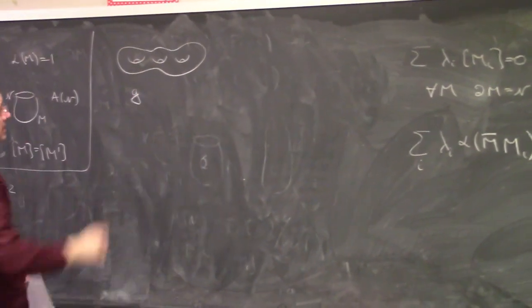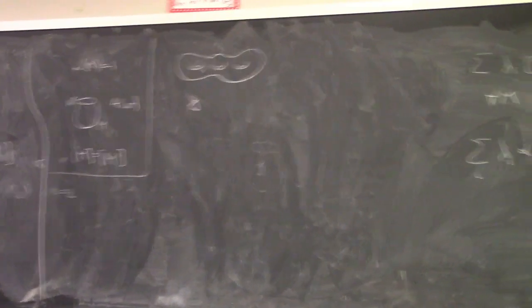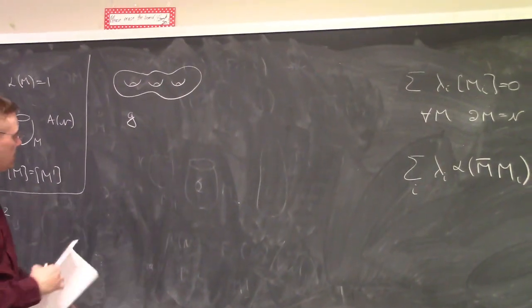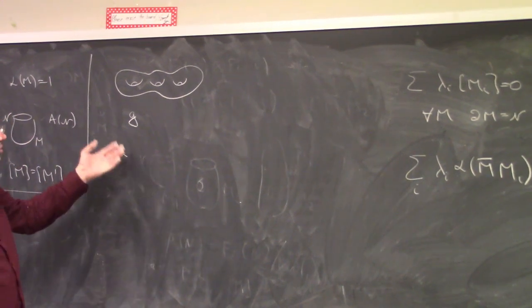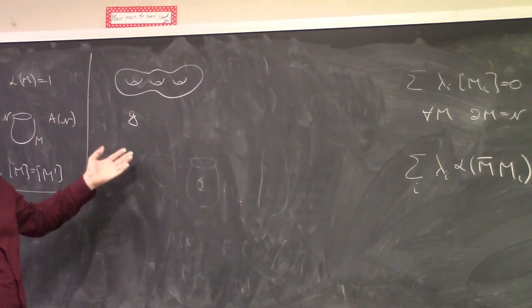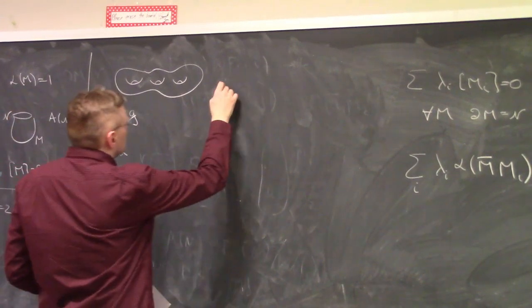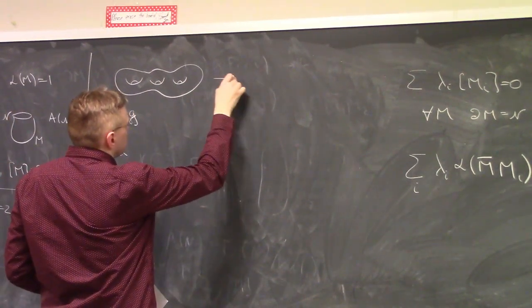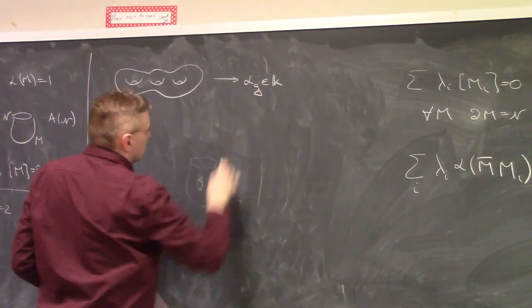In dimension 2, any closed oriented manifold is determined by the genus. So to get an evaluation function alpha, we just need an evaluation of each surface of genus G for all G. Let us say that the evaluation of the surface of genus G is some number alpha sub G in the field K.